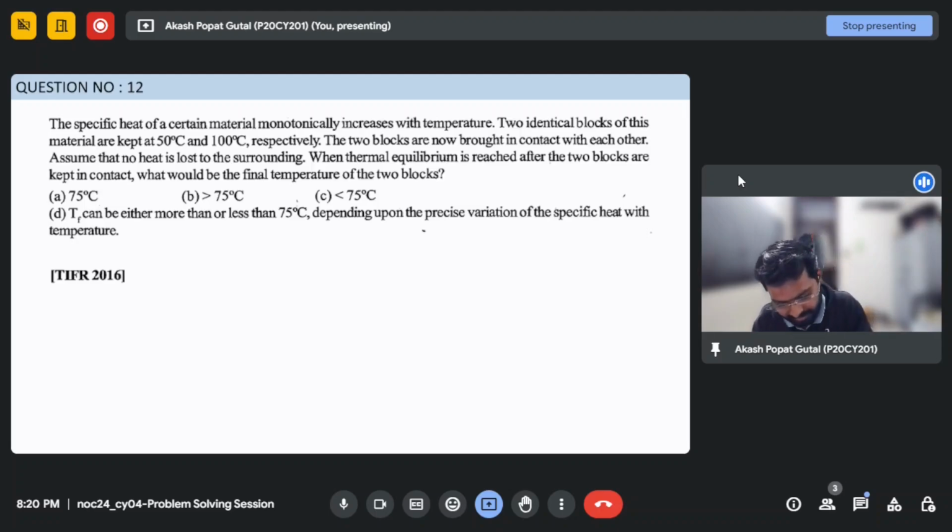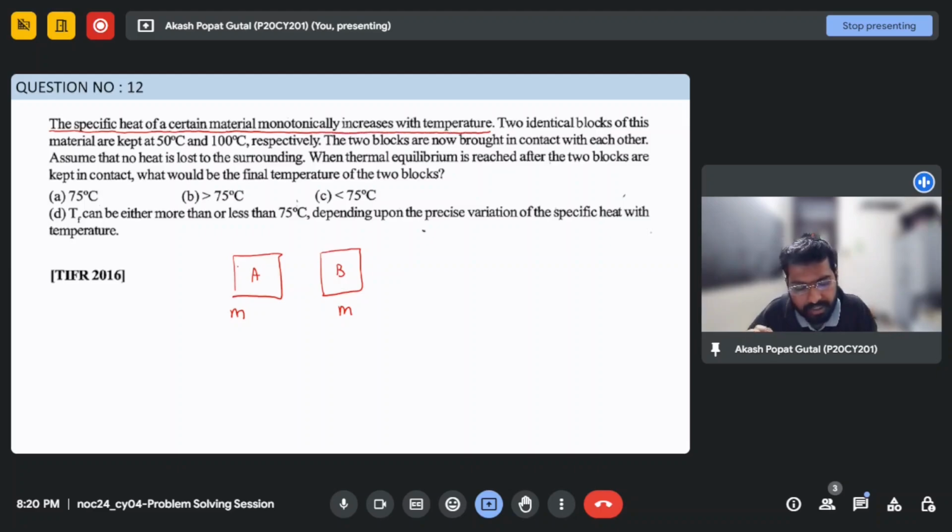So the question is, suppose there is body A and B, they're totally identical, means their masses are the same, and the material is also the same. And the first thing given to you is the specific heat of the certain material monotonically increases with temperature.